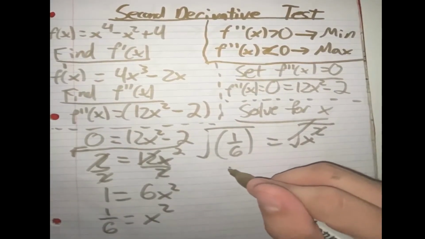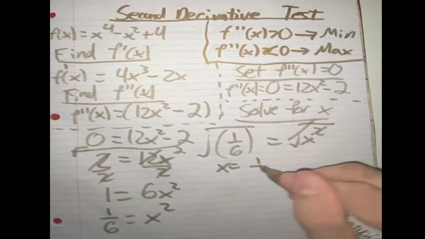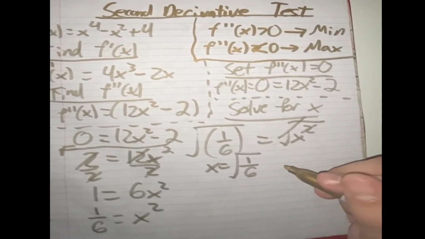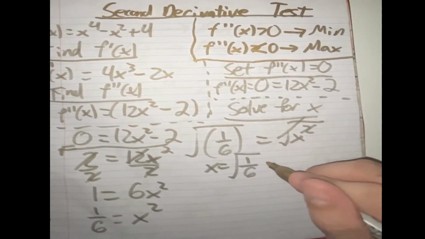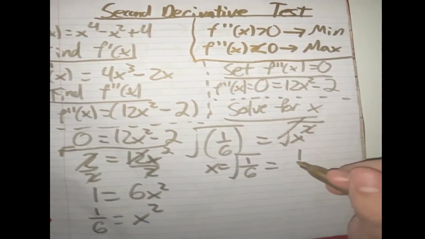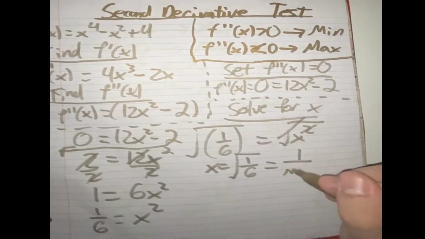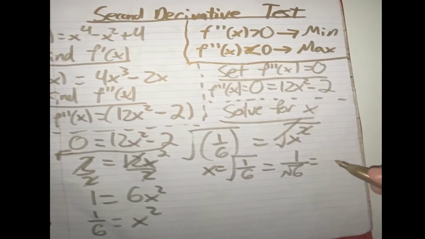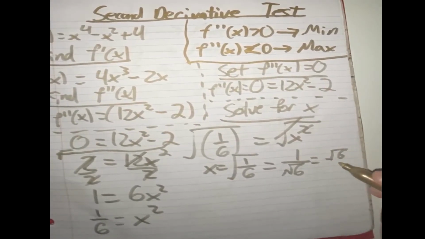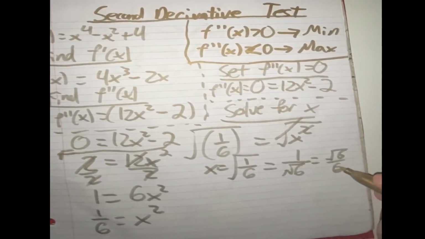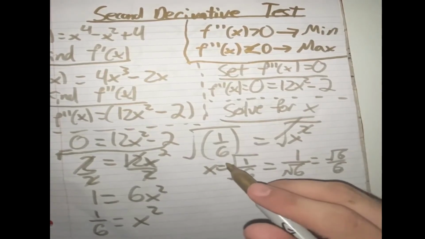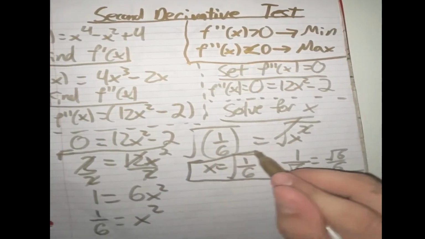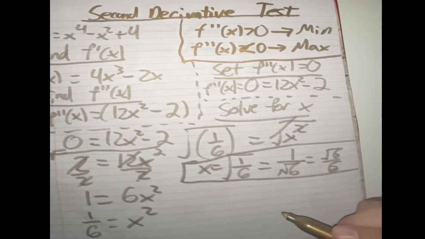So we are left with x is equal to the square root of 1 over 6, and the square root of 1 is 1. If you want to simplify it a step further, you don't have to. You can leave it like this, and then you could radicalize it if you want to, but again, you don't have to. You should get full credit. So x is equal to the square root of 1/6.